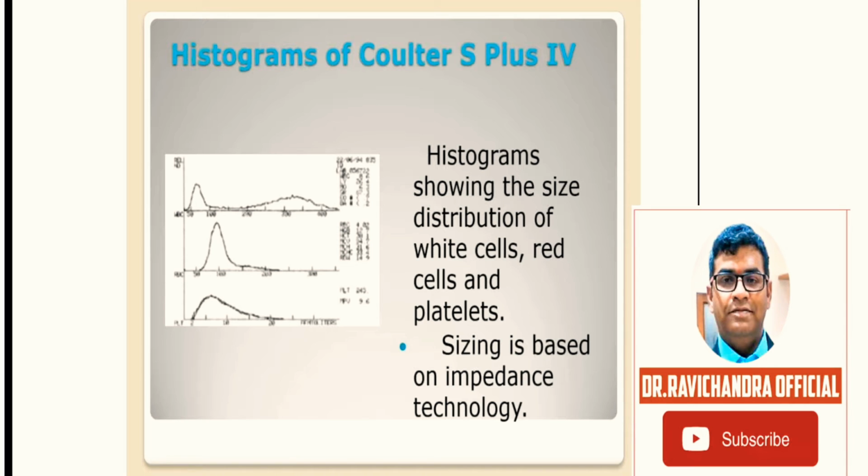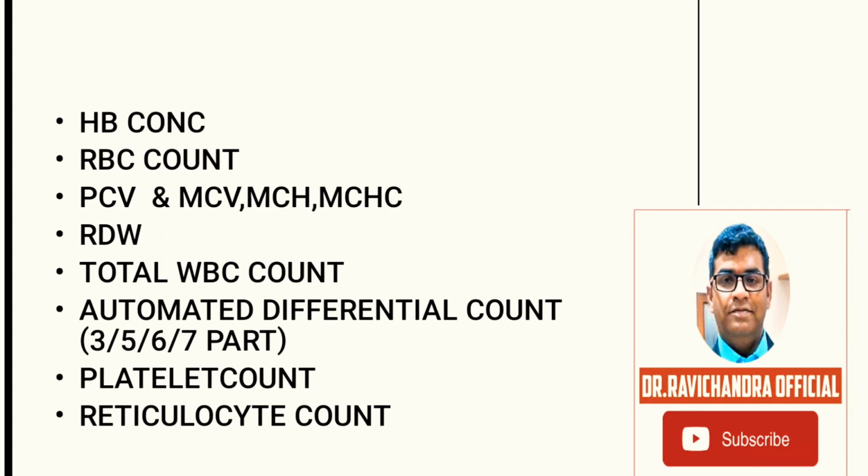And the Coulter's report will be given in histograms. Histograms show the size distribution of white cells, red blood cells, and platelets, and this size is based on the impedance technology only. From the Coulters we can get hemoglobin concentration, RBC count, PCV, red blood cell indices like MCV, MCH, MCHC, red cell distribution width, total WBC count, and differential count, which can be based on the machine.